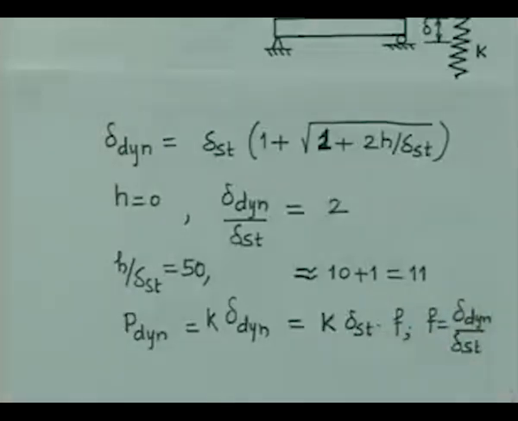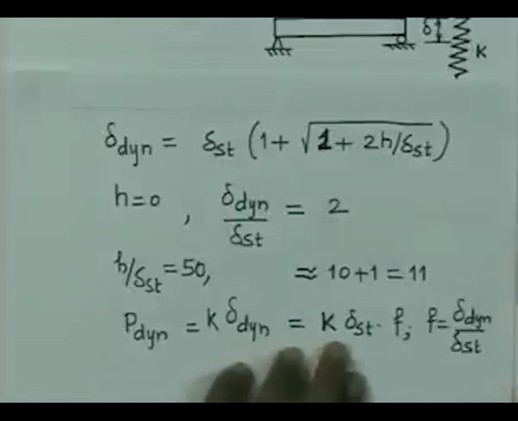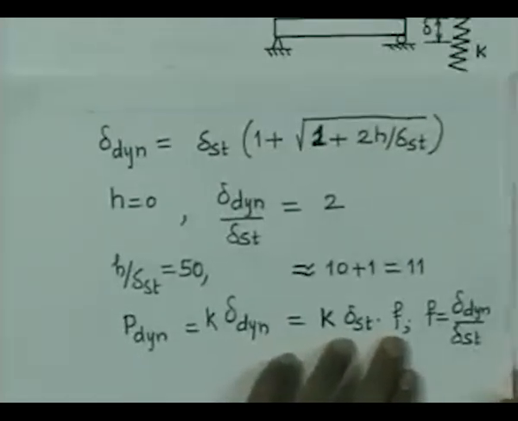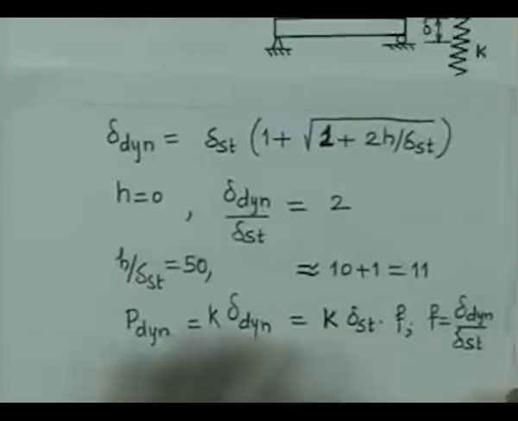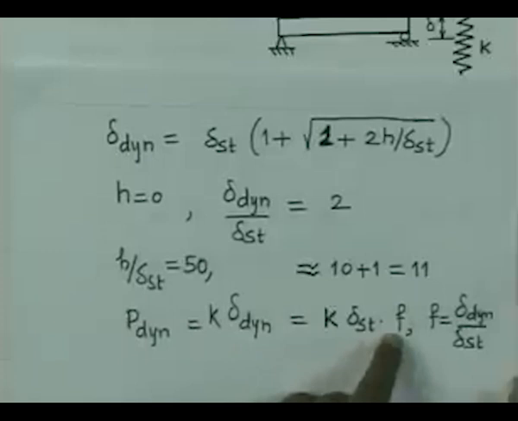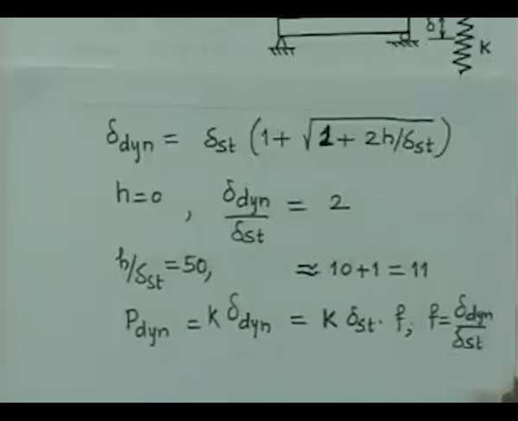So the load which is going to act on the component is always greater than 2 times. Even with 0 height, you get 2 times magnification, and if the height is more, the magnification gradually increases.